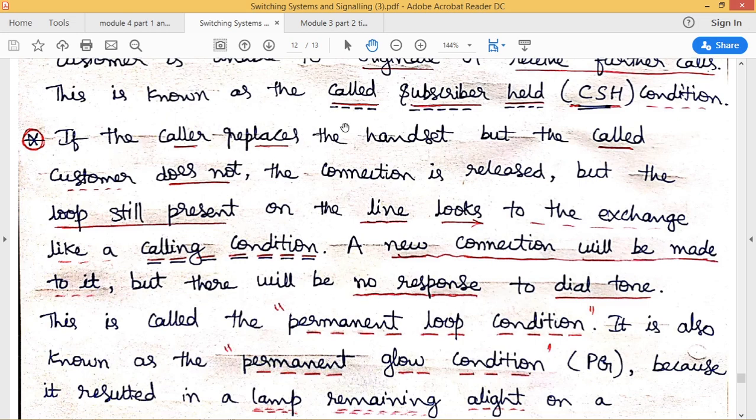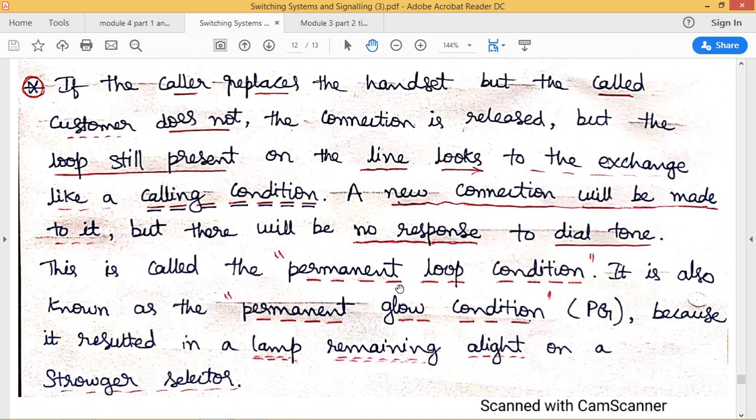This is called the permanent loop condition, and sometimes we call it the permanent glow condition, PG, because it results in a lamp remaining on, glowing a light on a Strowger selector. In a Strowger exchange, a light turned on as long as this person was holding his telephone, so we call it the permanent glow condition.